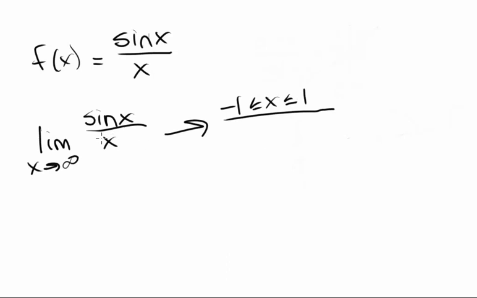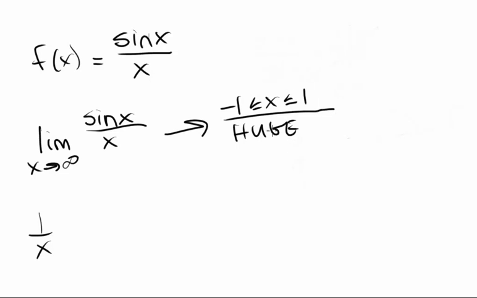Now, what about the denominator? Well, like in the example we did before, where we were looking at 1 over x, as x approaches infinity, this thing just gets huge. So we're going to have a value between negative 1 and 1 over a huge number that's approaching infinity.